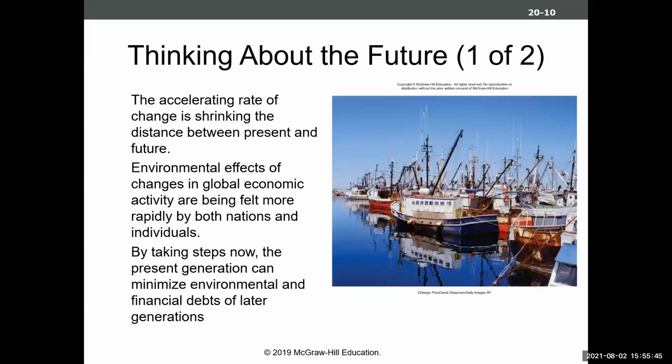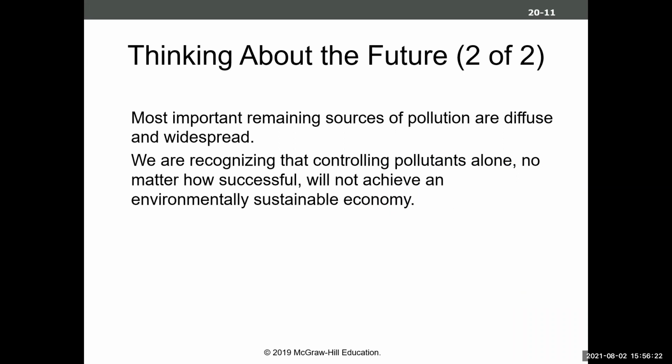So what we really have to do is we have to think about the future, and accelerate how we think about the present and the future and how we make that connection, because environmental effects of changes in, say, global economic activity are not just local, they are global. You can feel those changes in nations around the world and individuals in the local area. And so we want to minimize environmental and financial debt so that our future generations will not have the weight of carrying that in the future.